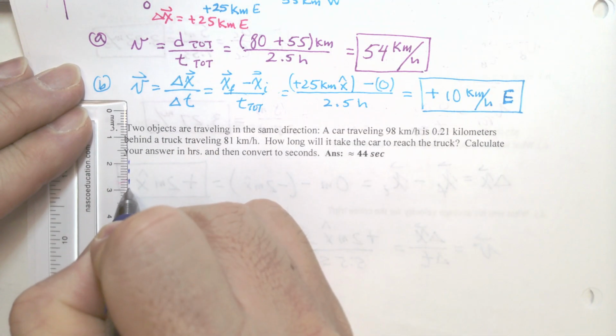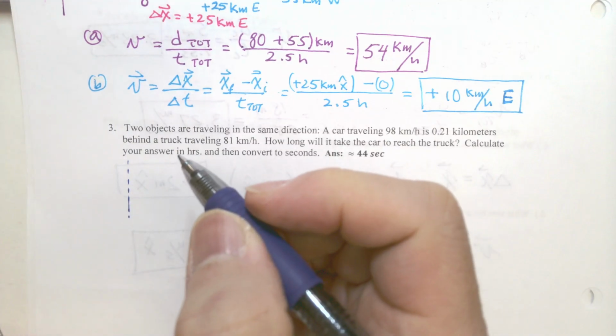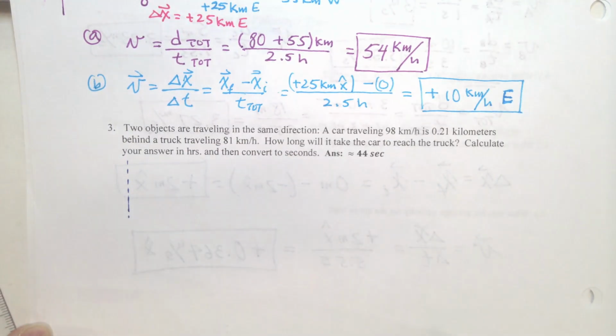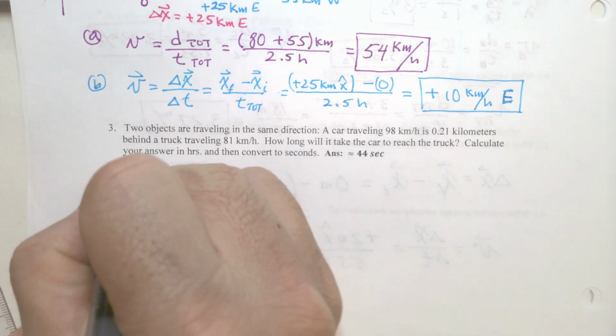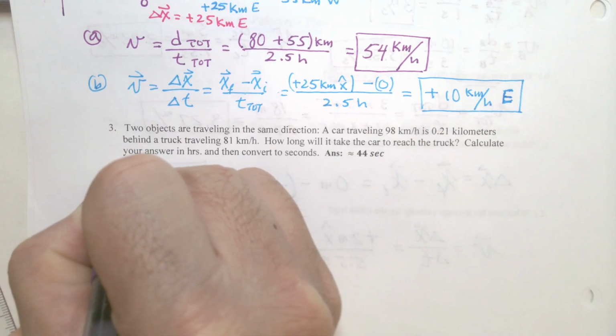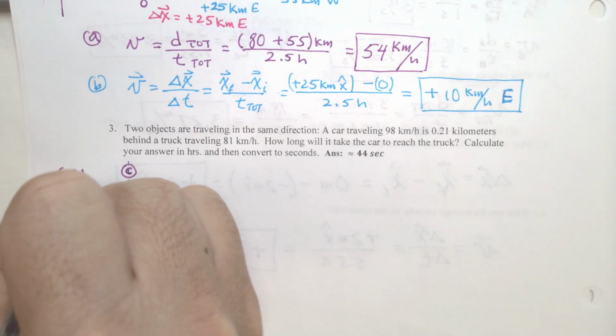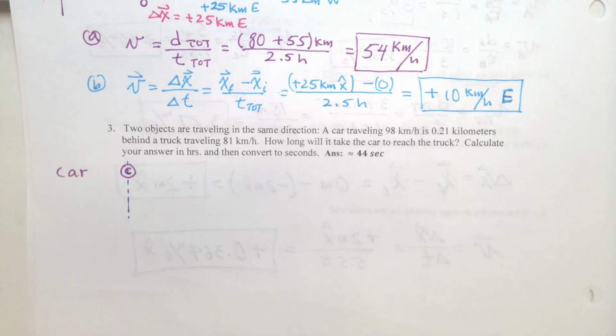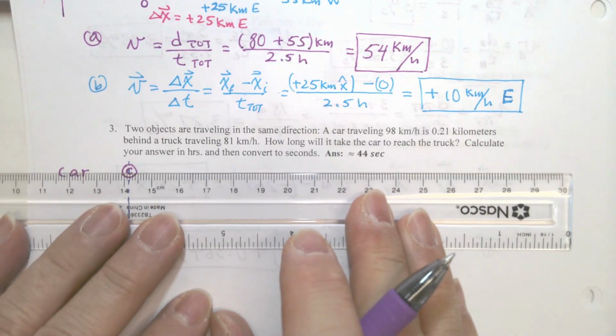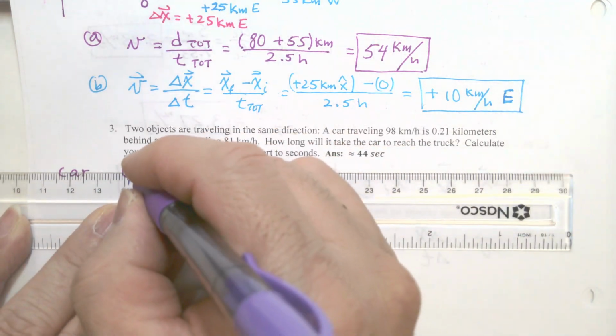So this is your 0, and here's your car. Your car is going at 98 kilometers per hour.